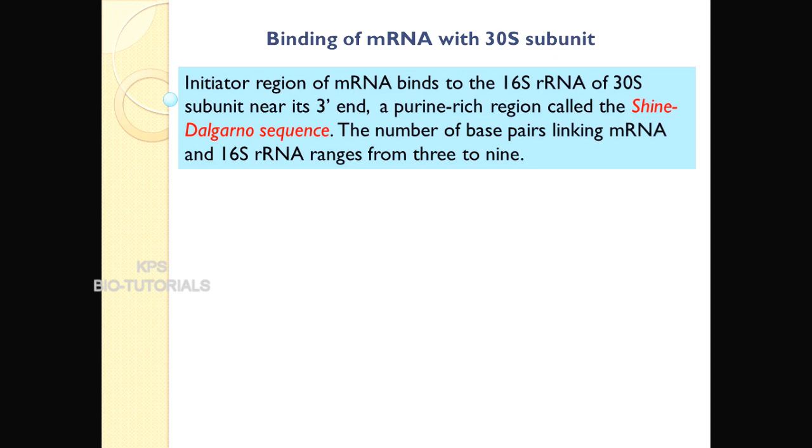So this base pairing between the Shine-Dalgarno sequence and 16S rRNA enables the mRNA to bind with the 30S subunit. Here you can see the Shine-Dalgarno sequence, which is located about 10 base pairs upstream of the AUG start codon, and which will make complementary base pairing with the 16S rRNA.